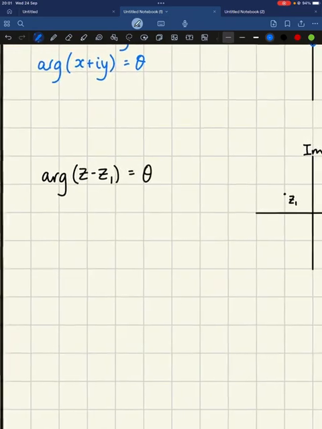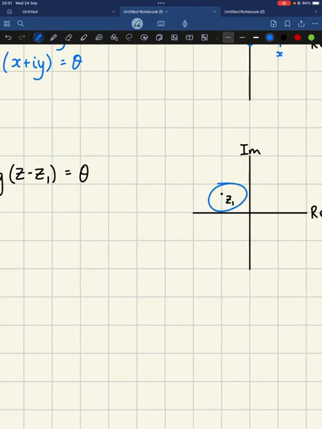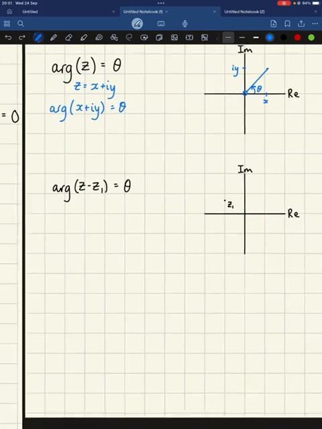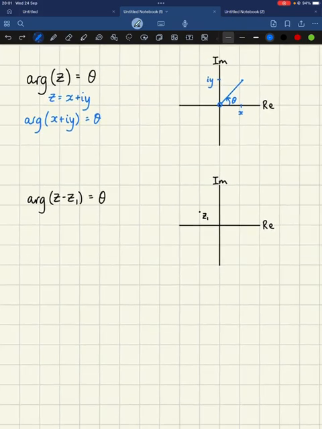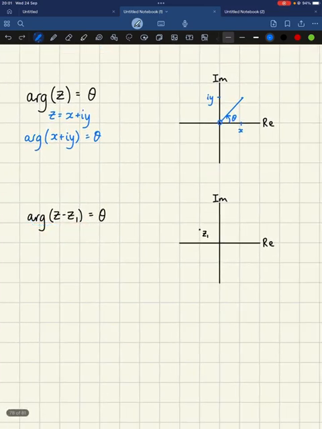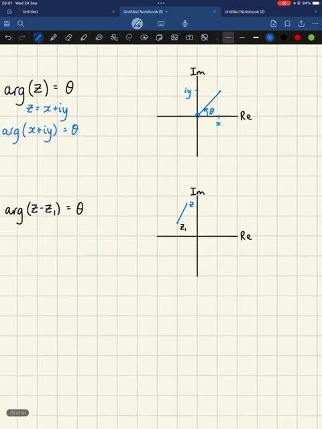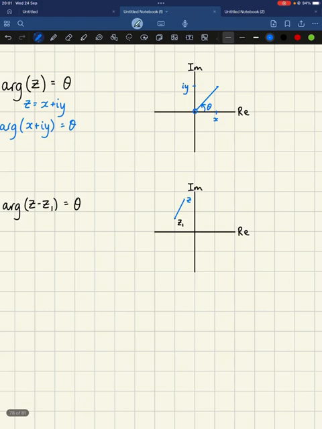And what about this? The argument of z minus z1 equals theta. Well, z1 is a fixed point, so I'll just put it over here, let's say. Now, like we said earlier, z minus z1 is the distance between z and z1. But this is more about the argument. The modulus is more about the distance, but the argument's more about the angle. So if we put z somewhere here, let's say, this is the distance, but we know arguments are measured from an axis, but now we're just imagining z1 as the axis.